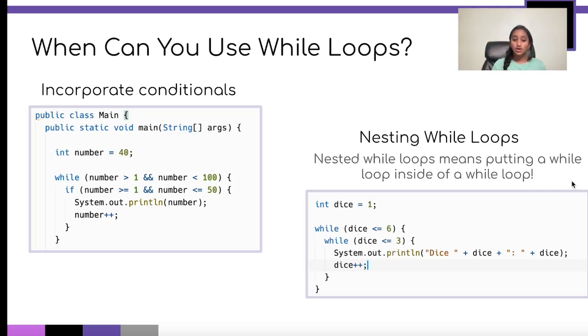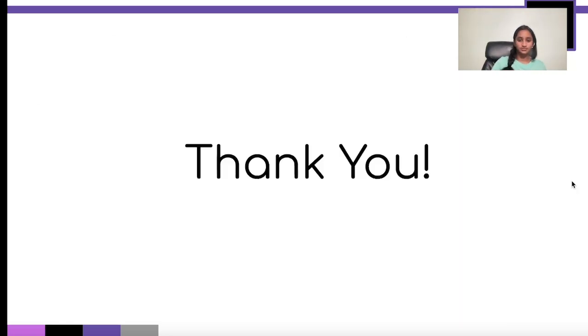So it's going to keep running until the nested while loop value is false. You can also include another if conditional to say like if the value of dice is greater than 3, then do this. You can also nest a for loop inside of it, but for loops are in a different video, which you guys should also go check out.